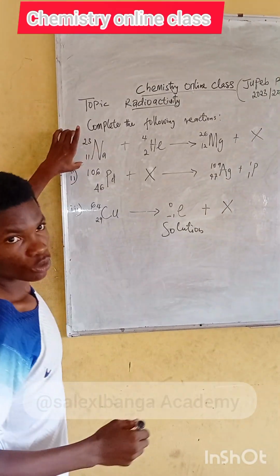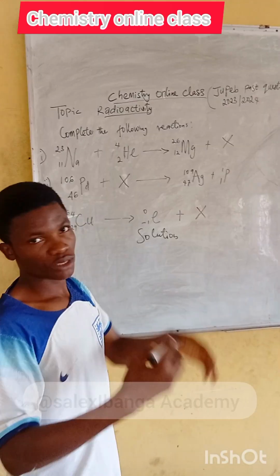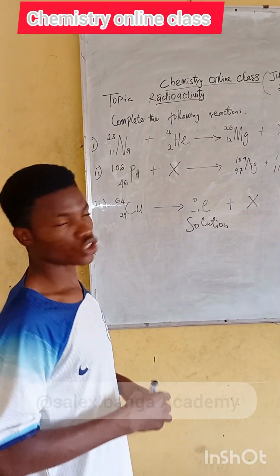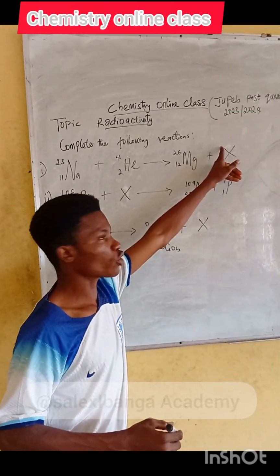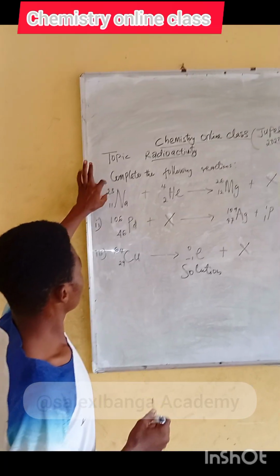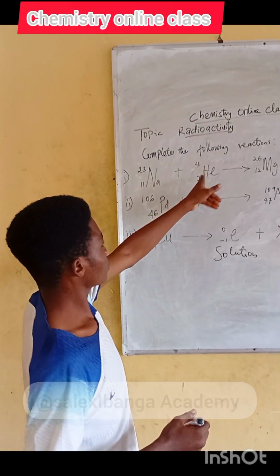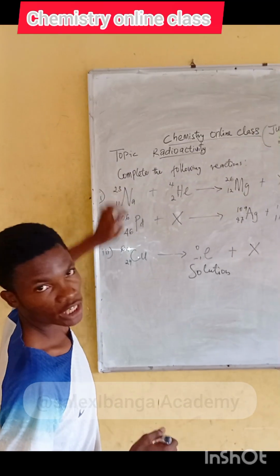For this first reaction, to get this x, we take a simple calculation so we can get our atomic mass and also our atomic number. This plus means it applies to everything, both atomic mass and atomic number.